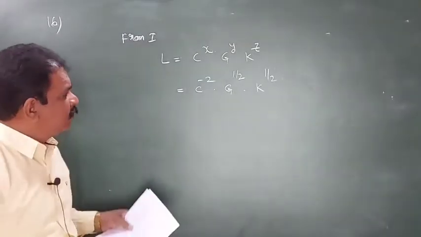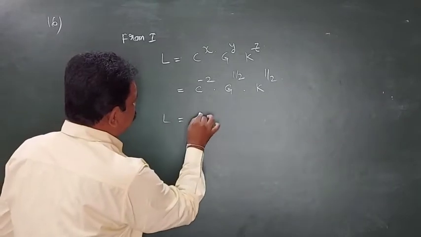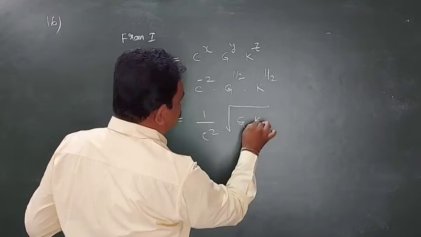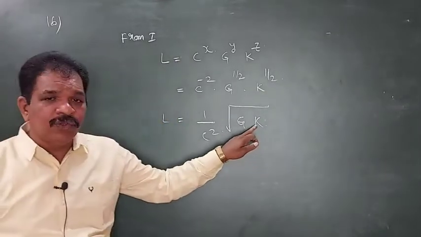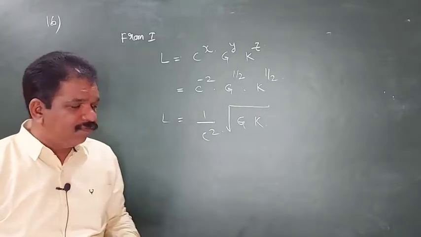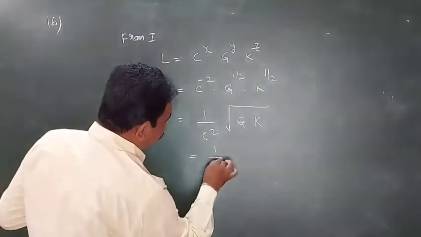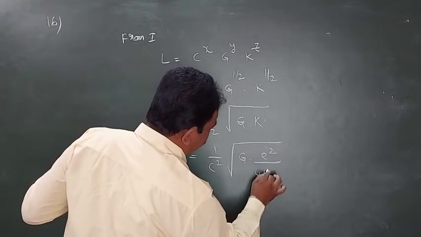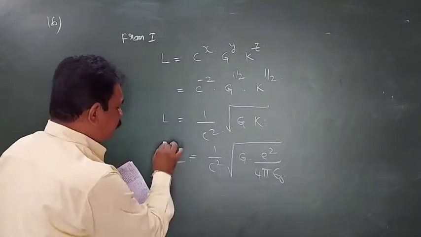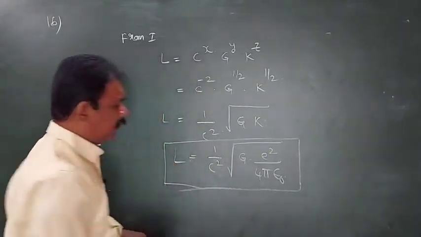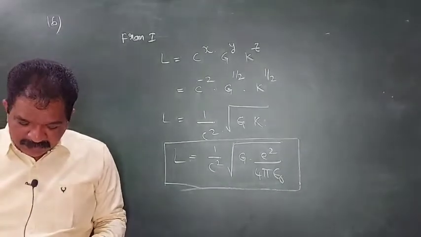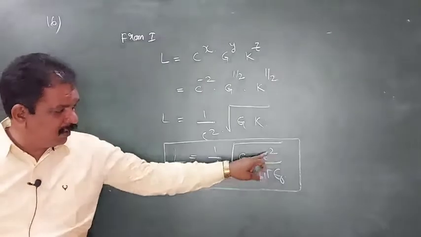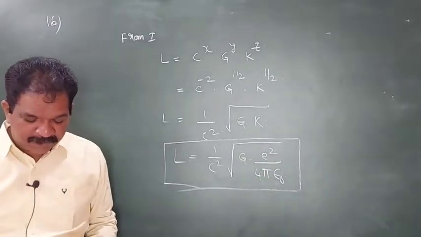Okay, if we substitute this, then L is equal to 1 by c square, this will be root gk. Already we assumed k is equal to e square by 4 pi epsilon naught. So it becomes 1 by c square into square root of g into e square by 4 pi epsilon naught.